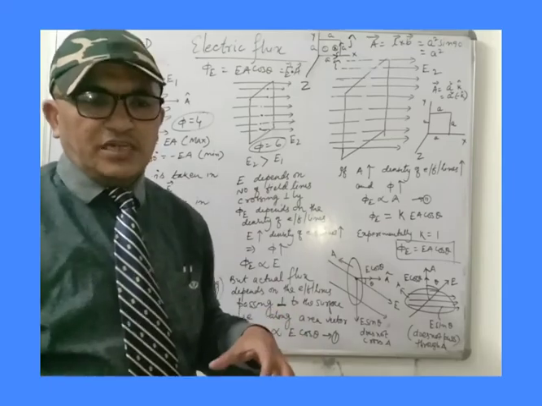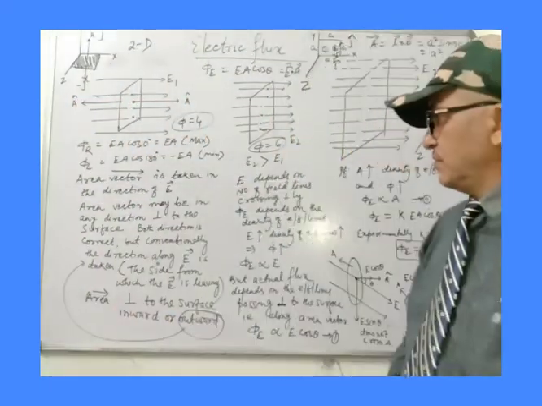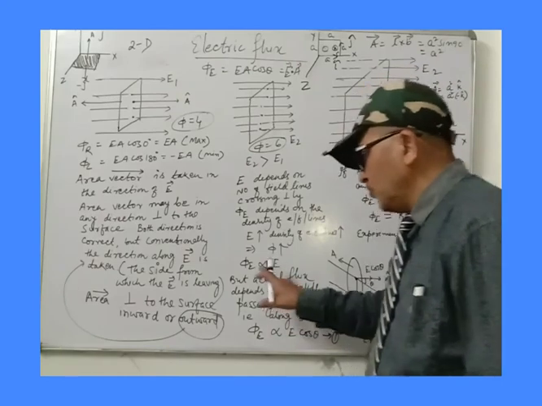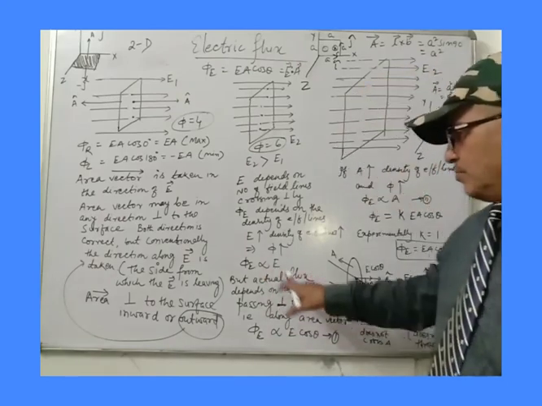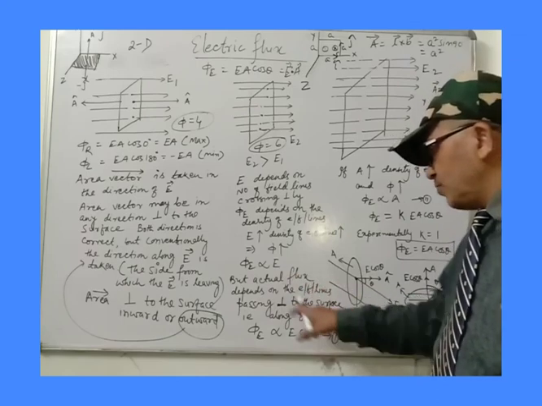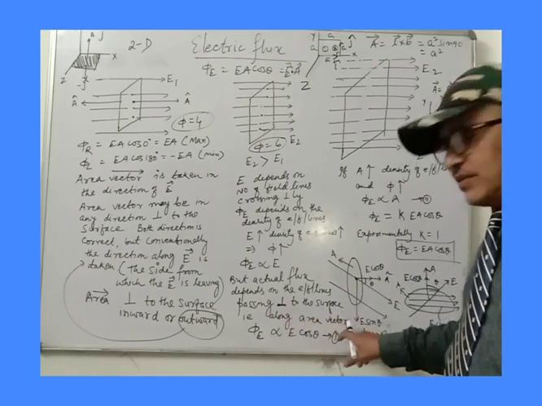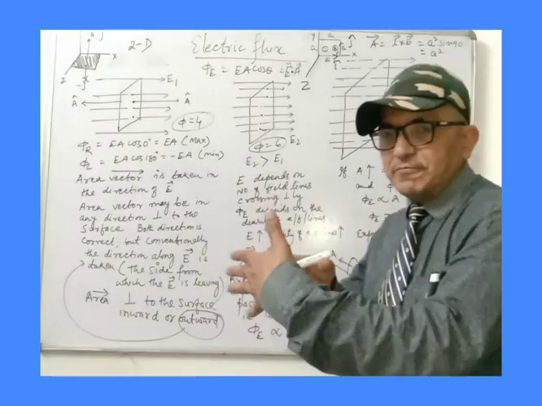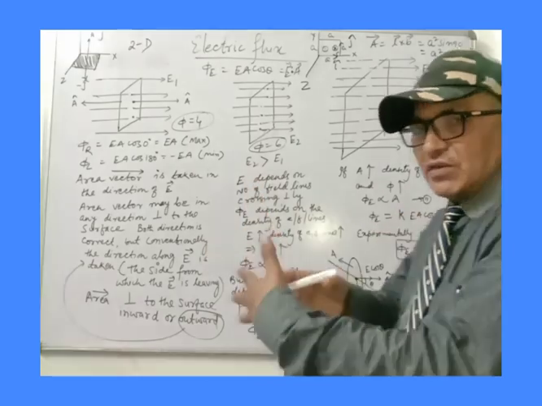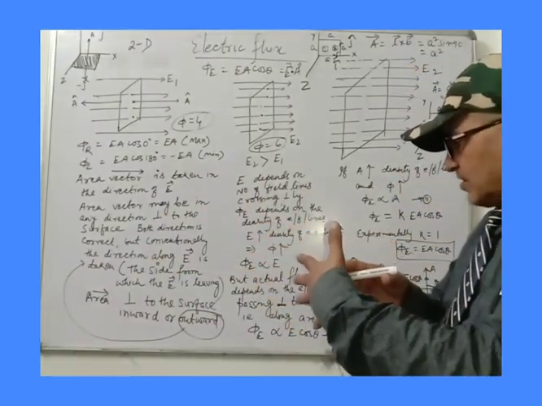So ultimately, the flux depends on electric field. Flux is directly proportional to electric field. But actual flux depends on the electric field lines passing perpendicular to the surface, that is along the area vector. I told you perpendicular. How many field lines are crossing perpendicularly? On that, electric flux depends.